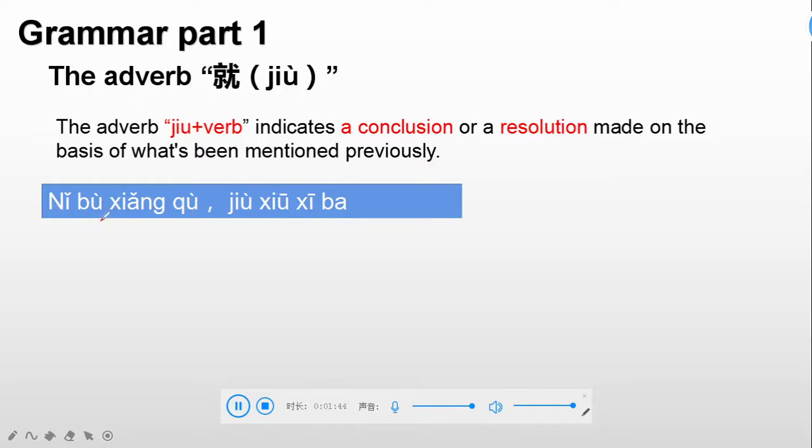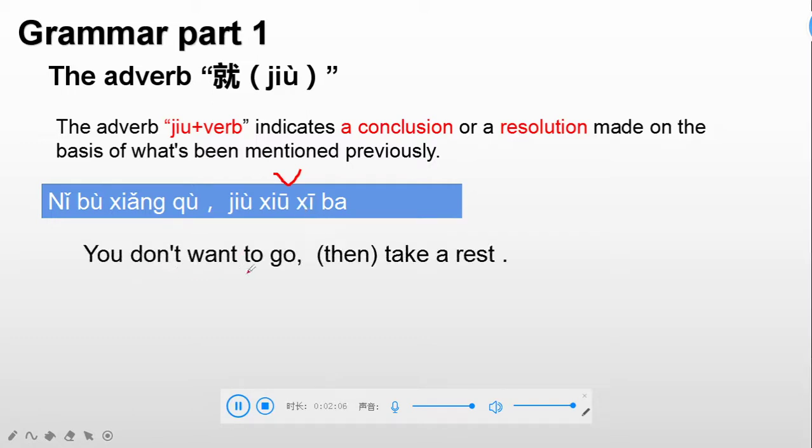So the first clause here is you don't want to go. 就休息吧. 就 is put at the beginning of the second clause. 休息 is to rest or to take a rest, which is definitely a verb. So you see 就 plus a verb indicates a conclusion or a resolution. In Chinese we say, you don't want to go, then take a rest.